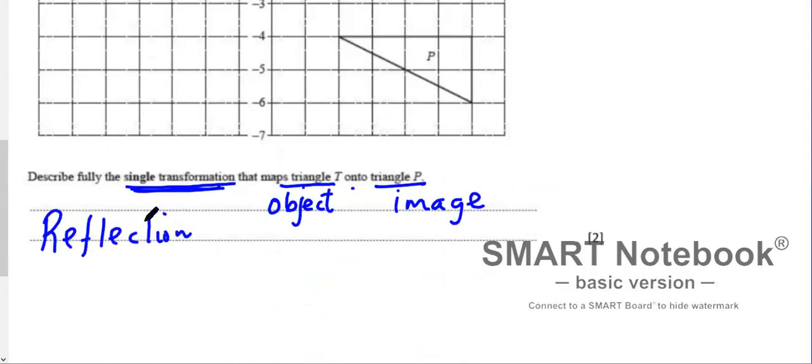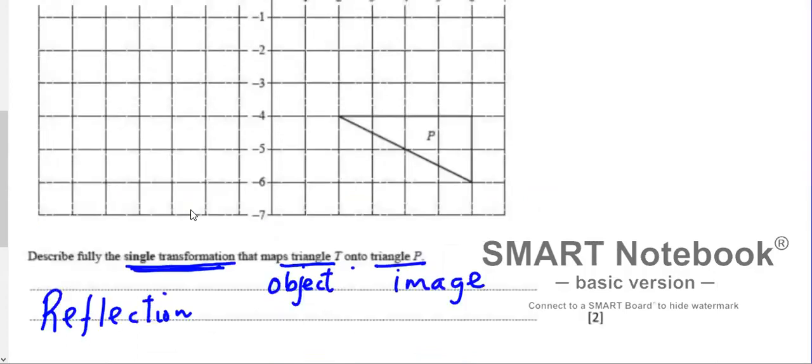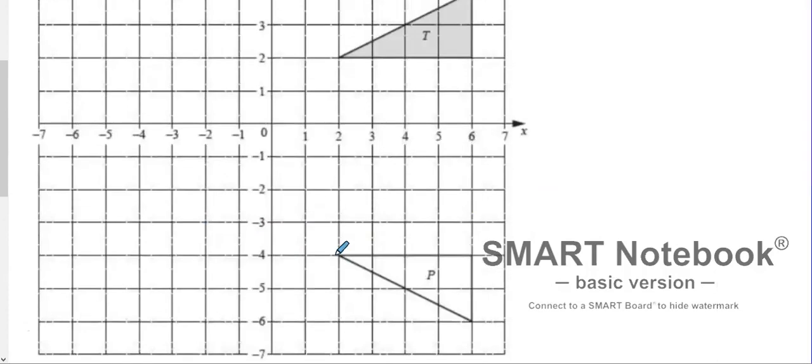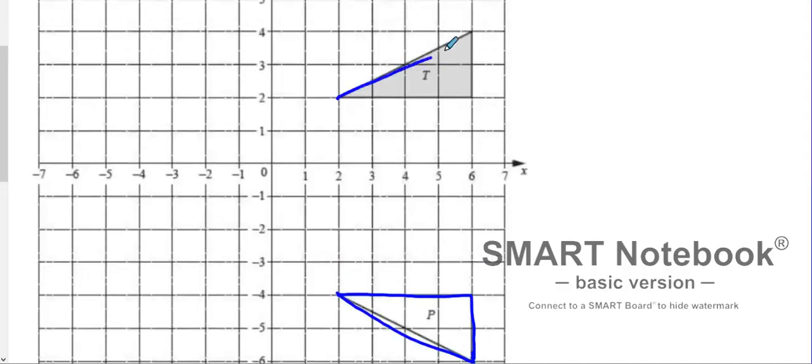It seems that shape P, this shape here, is a reflection of that shape. So if it is a reflection, I have to guess where the mirror line is.